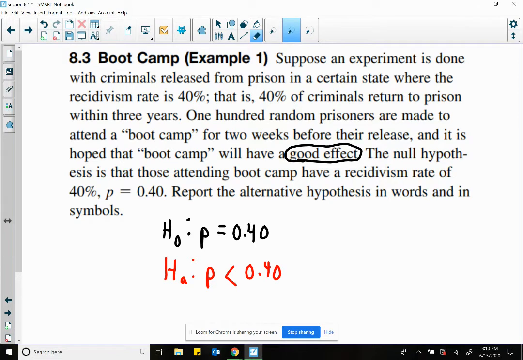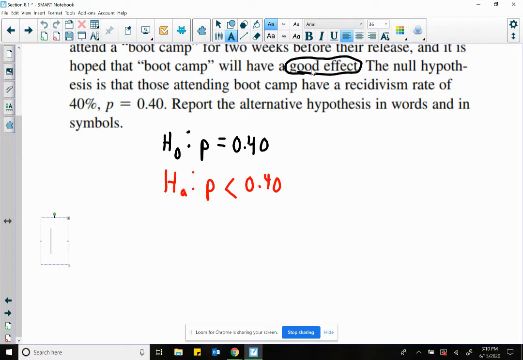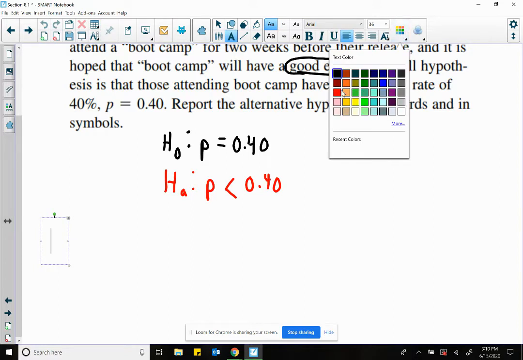Now let's talk about what this means in words. And of course, this is going to be multiple choice for you.